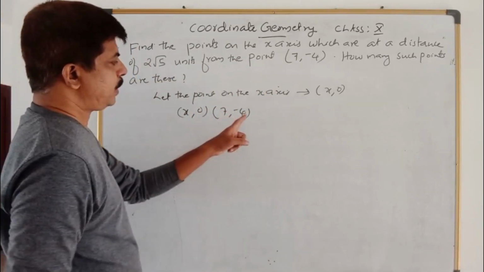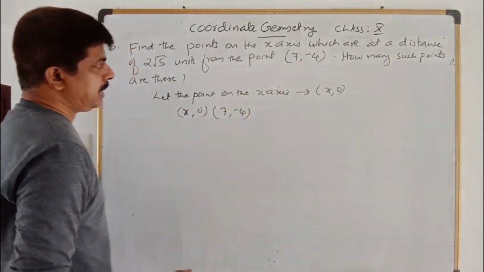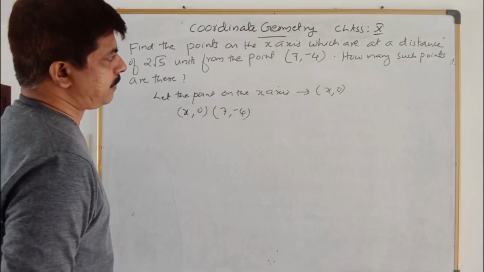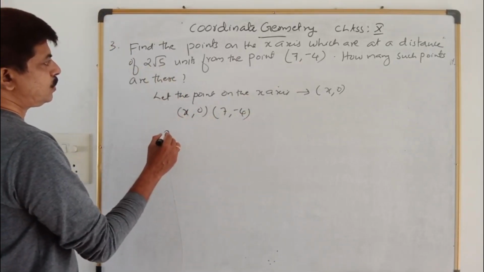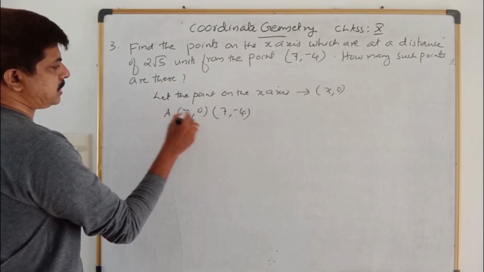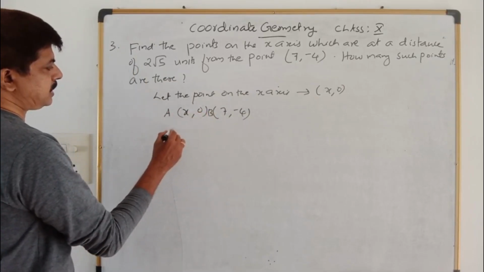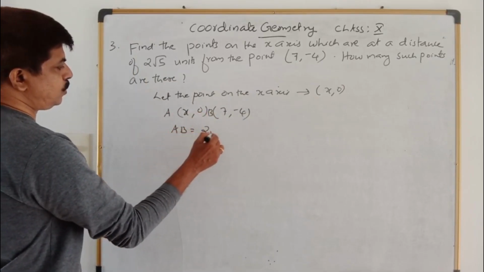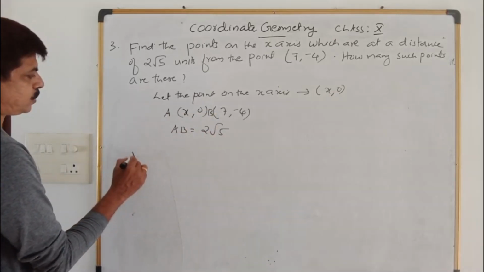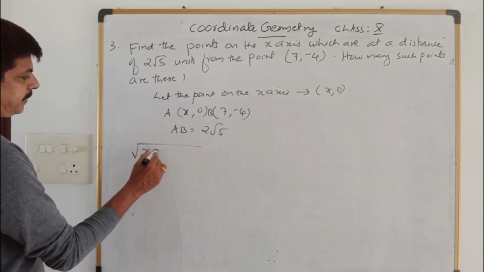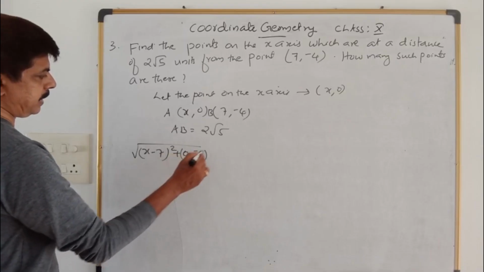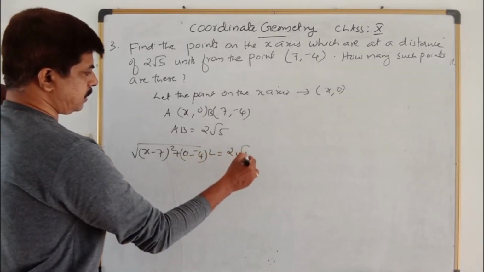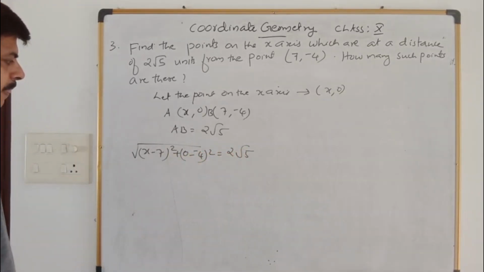We know that this is in the fourth quadrant, right? x is 7 and y is negative 4. So the distance between these 2 points is given as 2 root 5 units. Let us call this A and this B. So distance AB is equal to 2 root 5. We use the distance formula: square root of (x minus 7) square plus (0 minus minus 4) square is equal to 2 root 5.